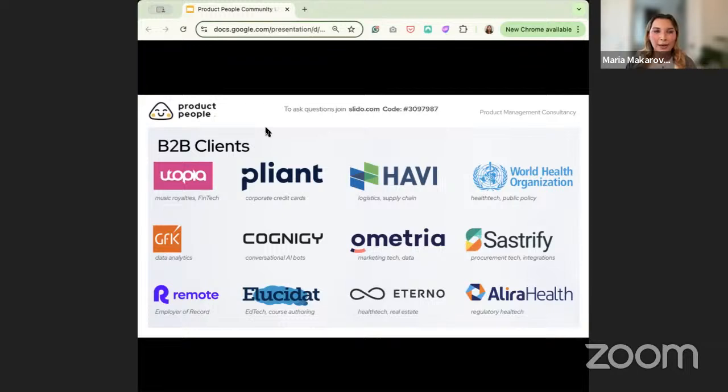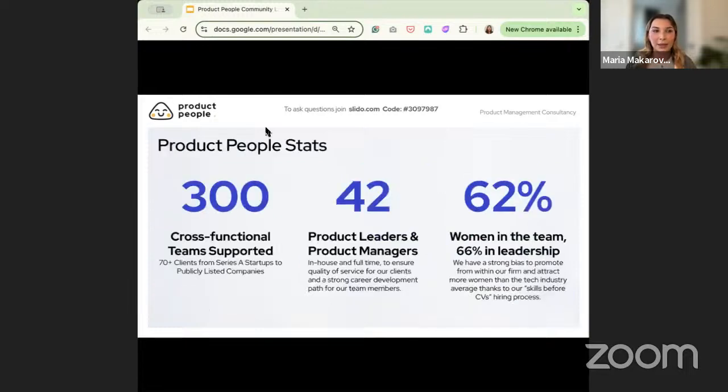We really enjoy that all these projects are so different and allow us to keep building up our portfolio of skills and different clients. These are some notable metrics that we like to mention, such as that we worked with over 70 different clients, from Series A startups to publicly listed companies.